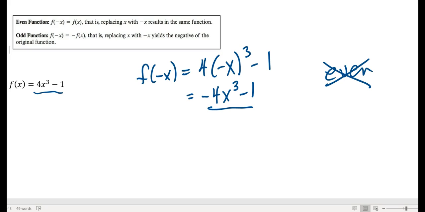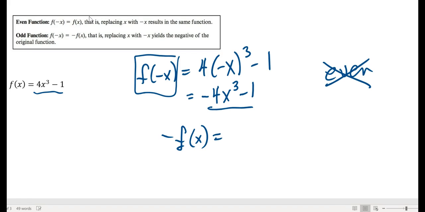So we have to check to see if it's an odd function. So the way we check to see if it's an odd function is we look and we say, when we replace it with a negative x, we check to see if f at negative x, what we have here, is equal to a negative f of x. So what we need to do is figure out what negative f of x is.